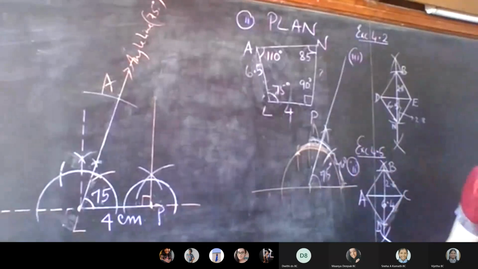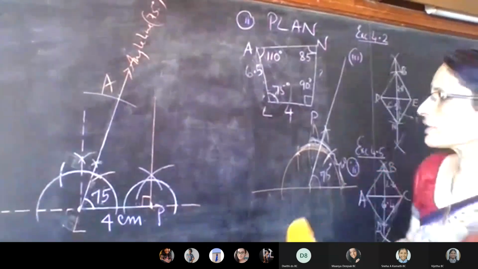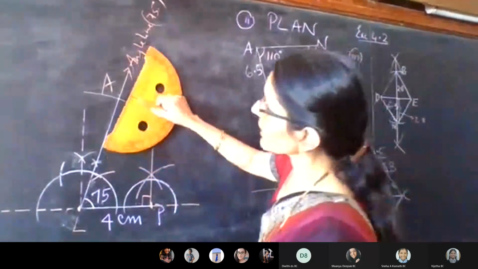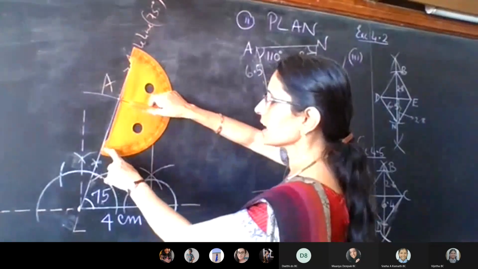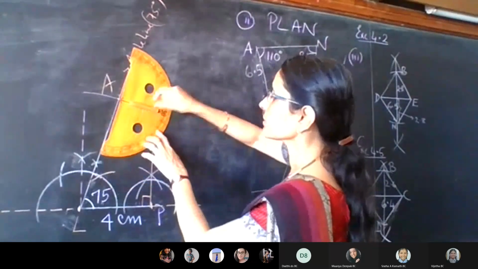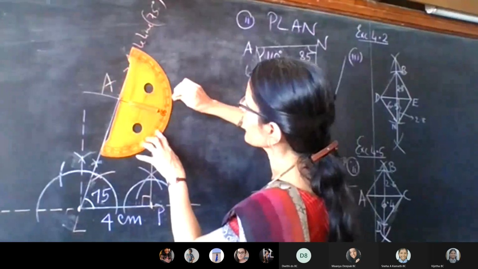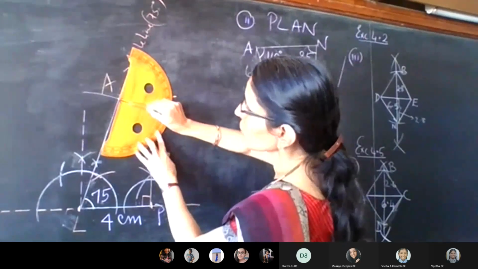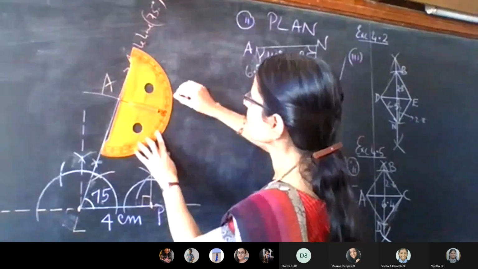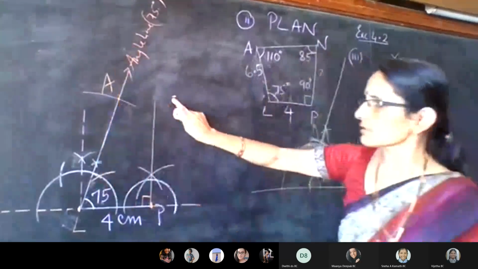So take the protractor, obtuse angle, remember, don't change the track, keep like this. 0 is here in the inner scale. Continue and stop at 110. Where 110 is, make a mark.